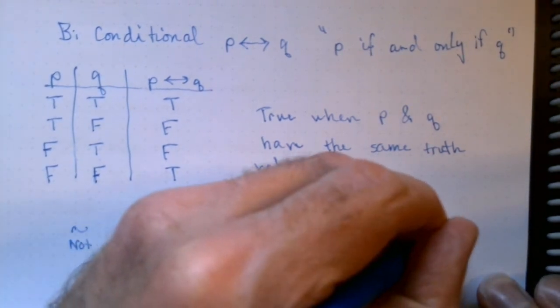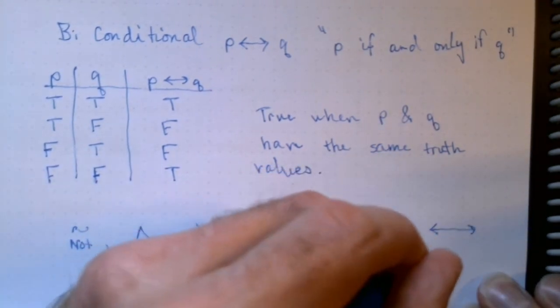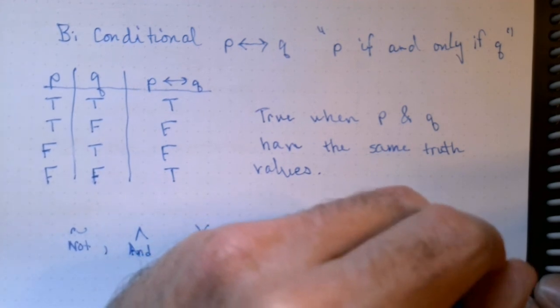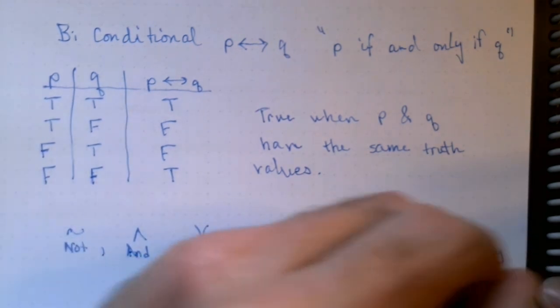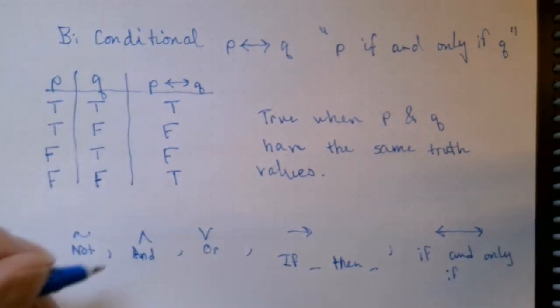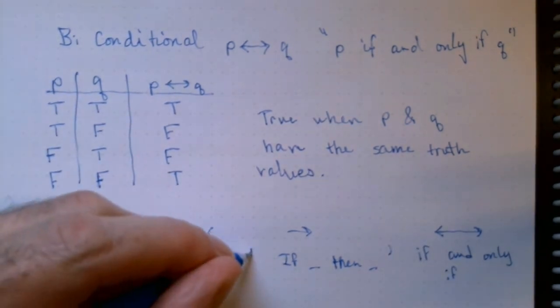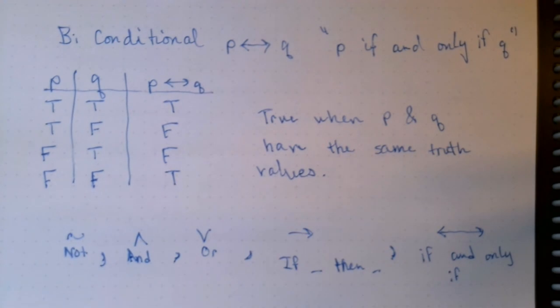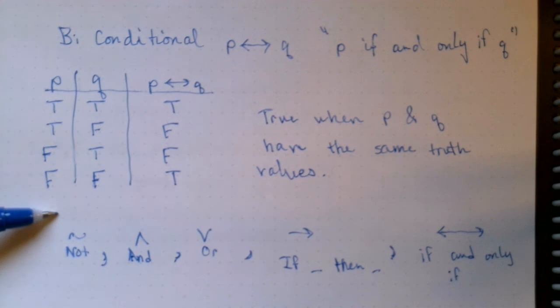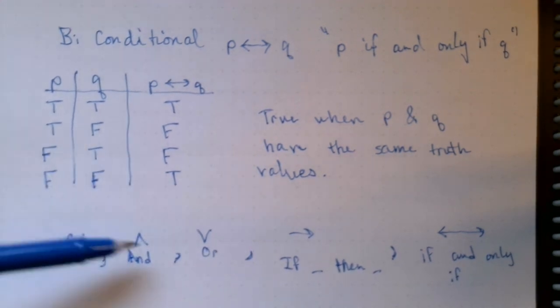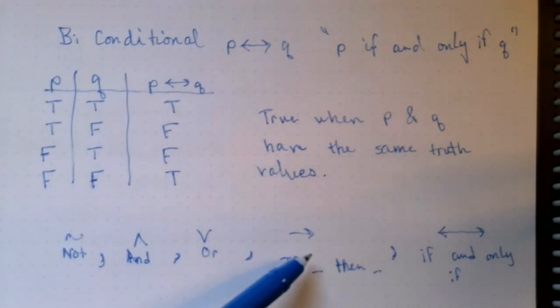And the double arrow, if and only if. These are the operations that we use to take statements and combine them into new ones. So you have the negation, and you can join two statements with and, or, the conditional, or the biconditional. In the next video, we're going to talk about some specific examples of what these operators do.